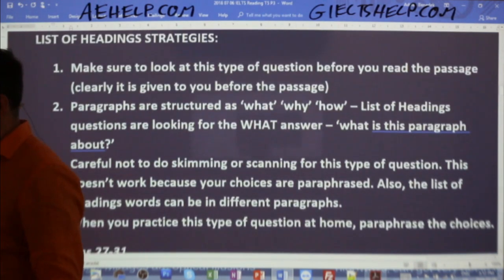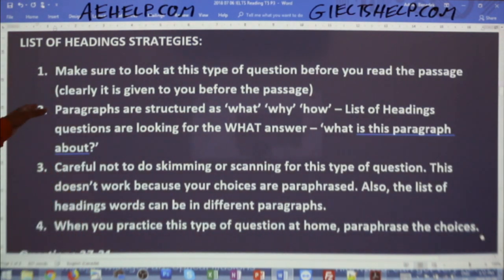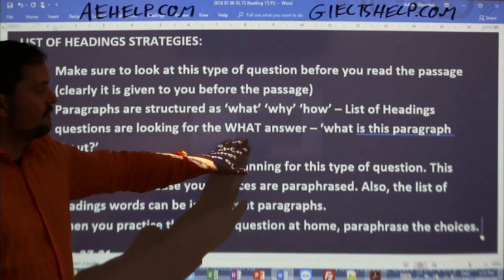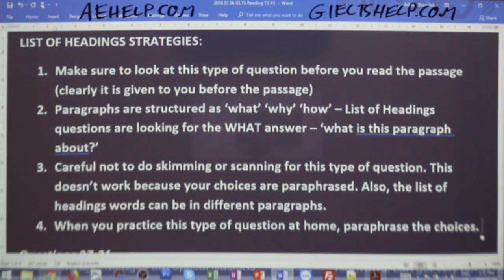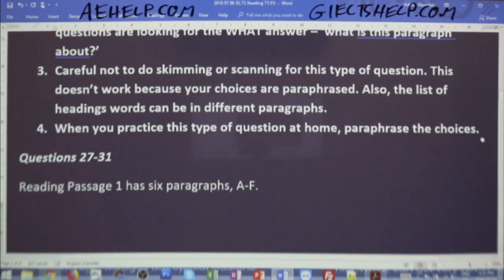So again, these are the four big strategies to keep in mind for list of headings. Number one, make sure to look at this question before you read the passage. They give it to you before the passage. Number two, remember to focus on the what information. What is this paragraph about? Careful not to use skimming and scanning for this type of question. That can be very confusing and a waste of time, okay?